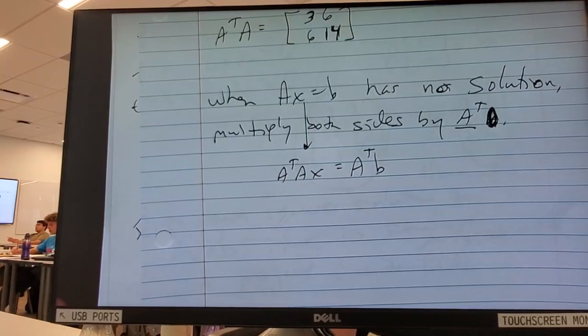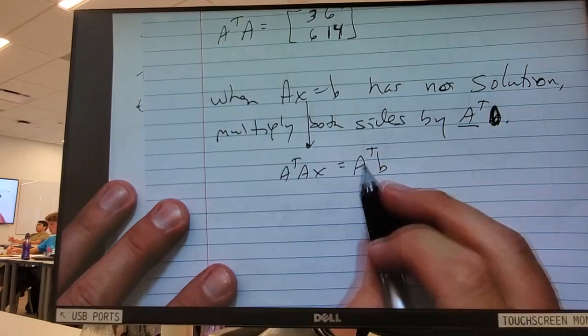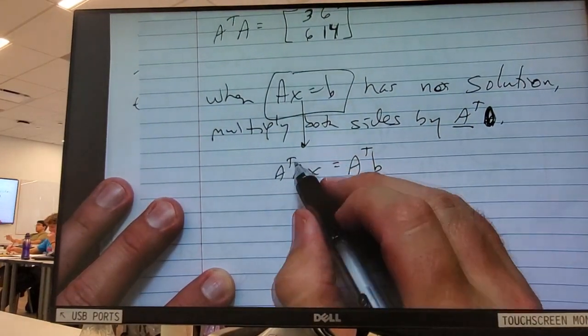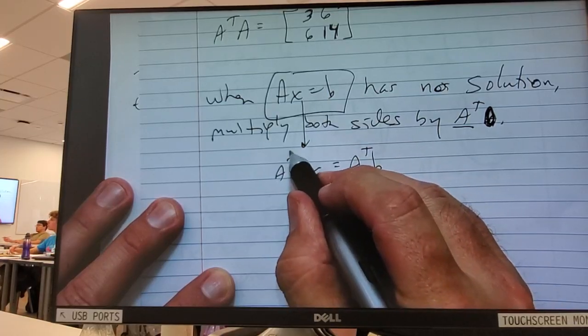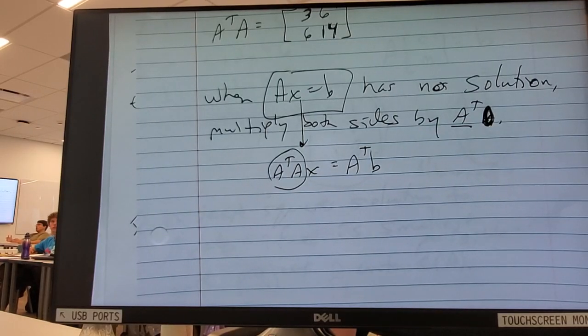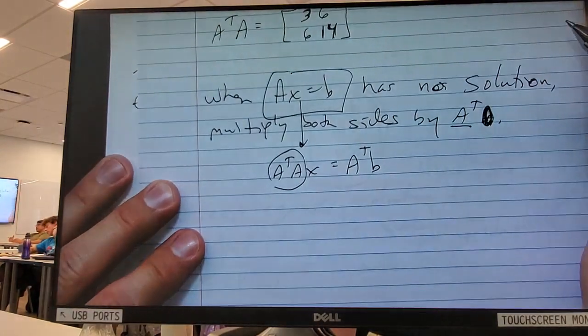So if this does not have a solution, I do this. What kind of matrix will A transpose A always be at least? Invertible? Well, actually, no. Symmetric. It'll be at least symmetric. It'll be at least square. You guys with me? It'll definitely be square.